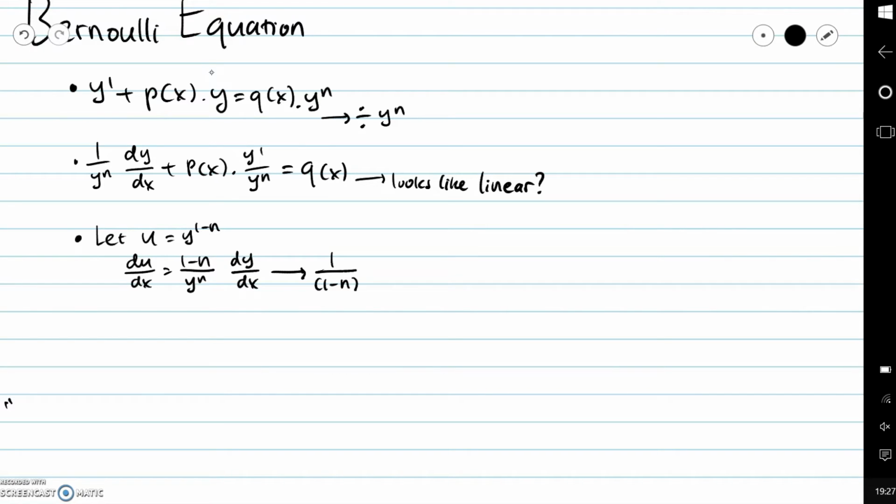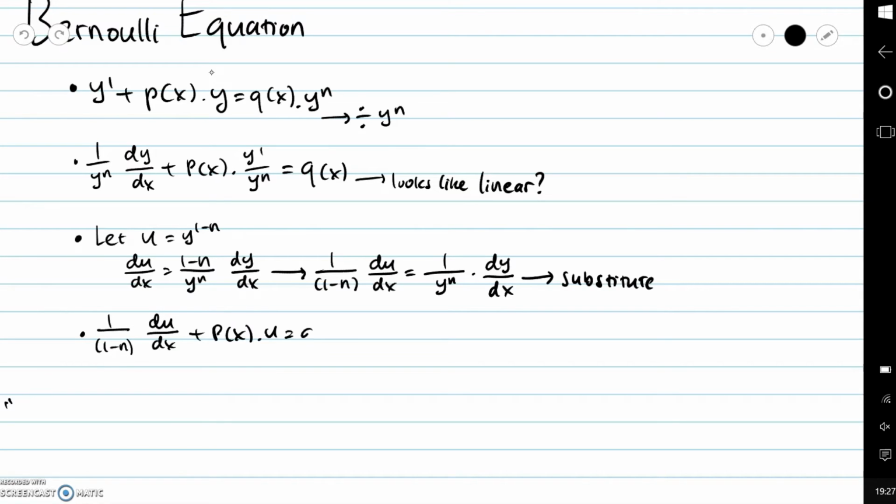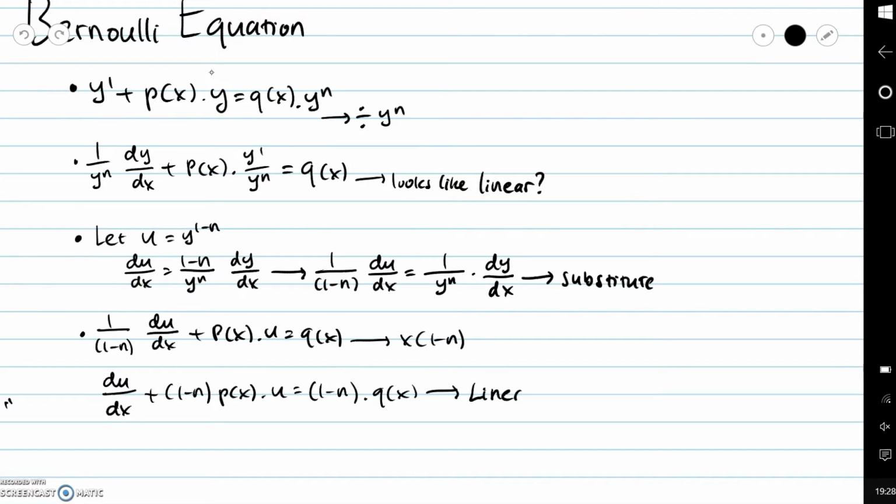After deciding u and getting du over dx, we substitute into the equation, making the equation in terms of u and x only. By doing so, we will have a linear equation. Then we isolate du over dx again by dividing both sides by whatever is attached to it. After making it into a standard linear form, we can determine what p(x) is, and then we just do the same steps as for the linear equation.